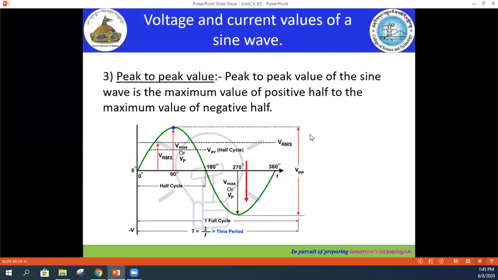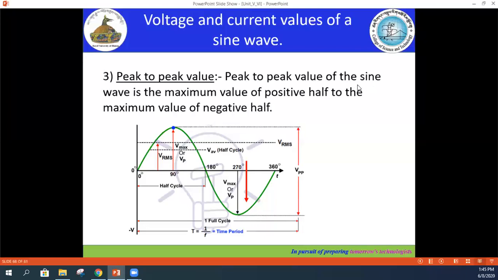This is one of the peak values. So the peak value is represented by Vp, V subscript P, and then again on the negative side, we have one Vp here. So if we measure the distance from the negative peak to the positive peak, then you will have Vpp, which means it's the peak to peak value.